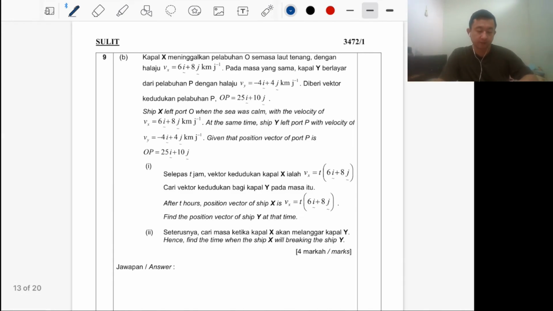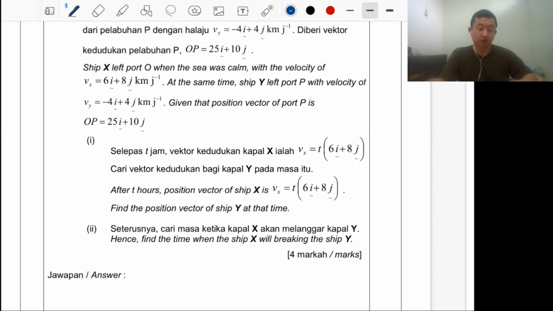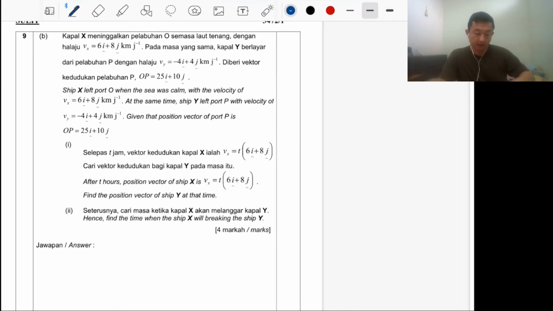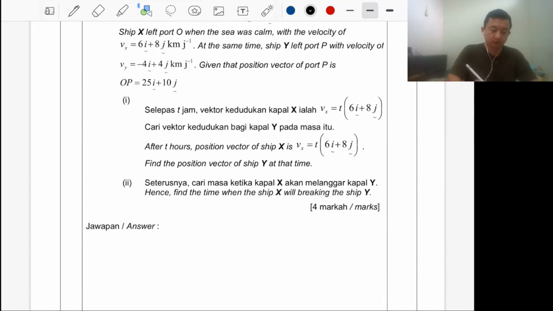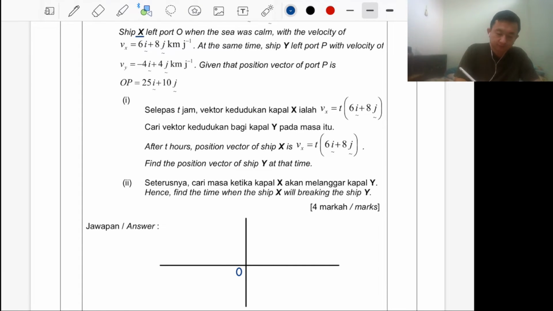Now question B. Okay, this one needs a drawing also, I think. Vector, right? It's easier if you draw it up. Okay. Ship X leaves port O. O is the origin. Ship X comes with the velocity 6i plus 8j. So to the right hand side, 6, 8 probably is like that.